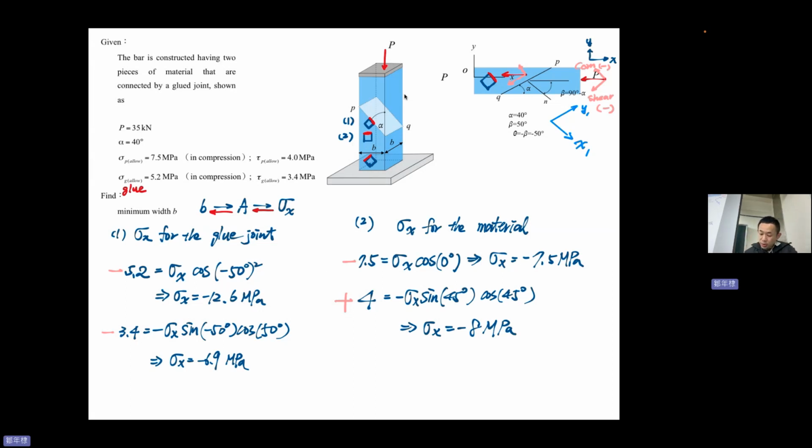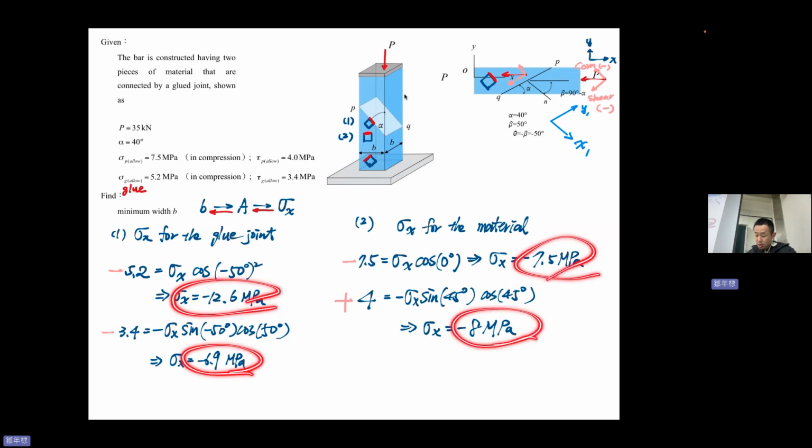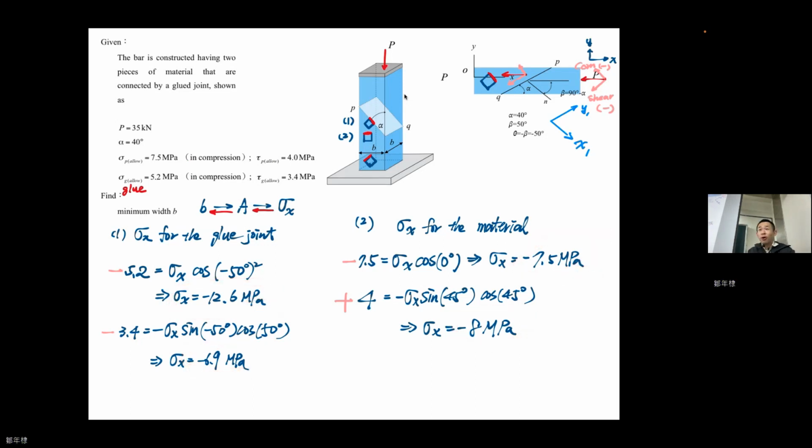Okay, so now we check all this. We check all these four values for the sigma x that keeps the material from exceeding them, and found them all, right? So which one should we take to determine the B?